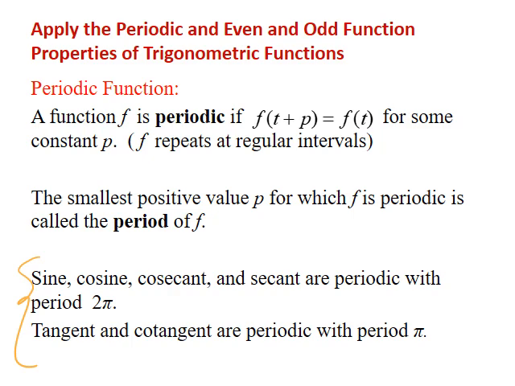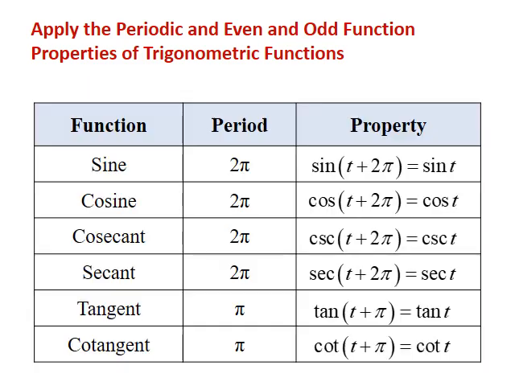But for now, just know that the period, before it begins to repeat itself, for sine and cosine, cosecant and secant is 2 pi. Only tangent and cotangent have a period of pi. This is illustrated here in the chart. If you want to pause and look at this a little bit, you can.